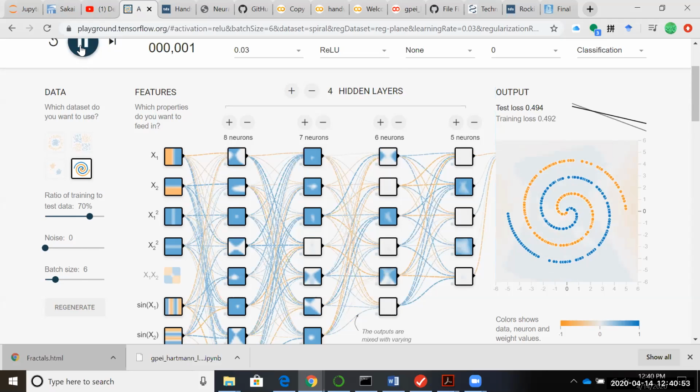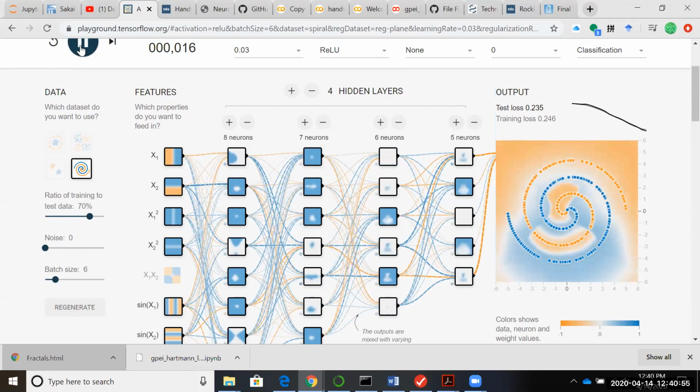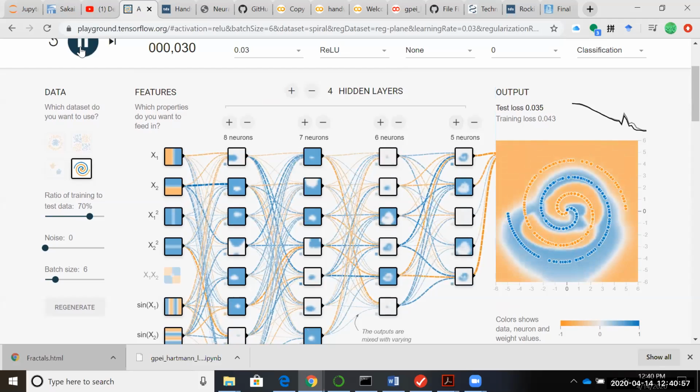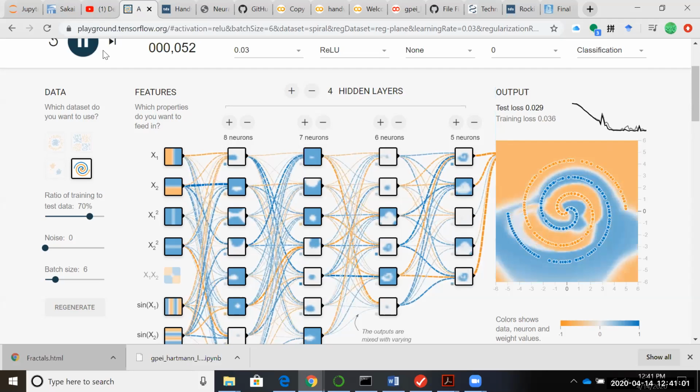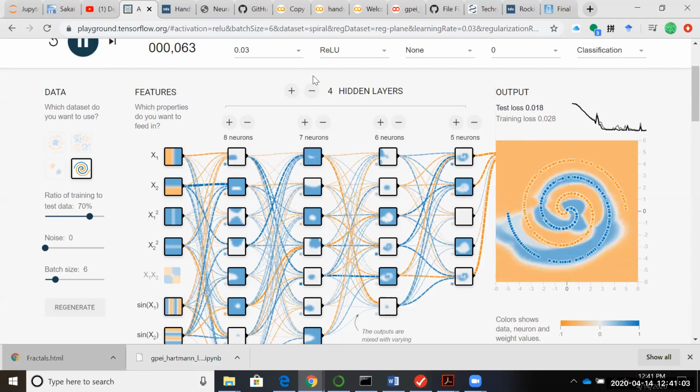Most of the time it got the loss under 0.01. I also turned the learning rate way down, to about 0.01.